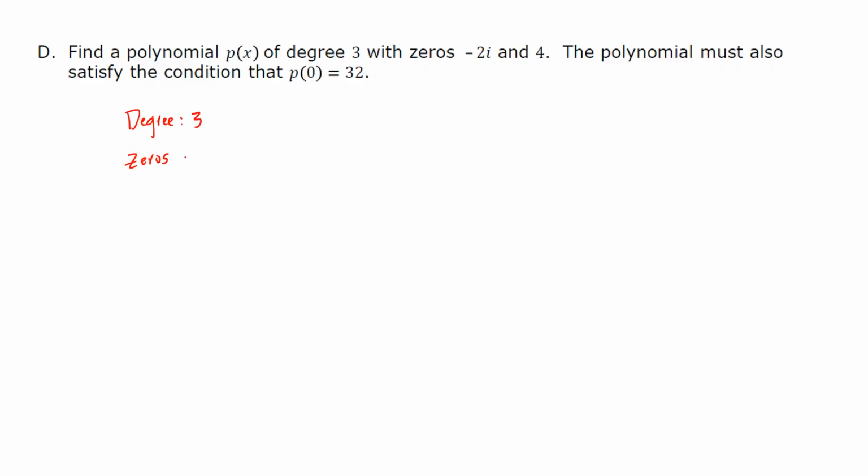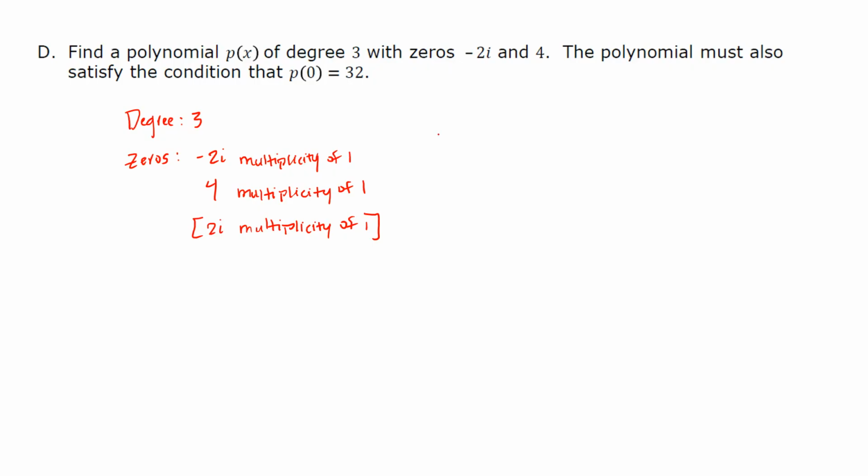We have zeros negative 2i with multiplicity of 1 and 4 with multiplicity of 1. Since negative 2i is a 0, positive 2i would also be a 0, and that would have a multiplicity of 1 as well.